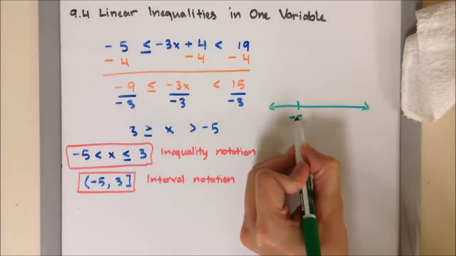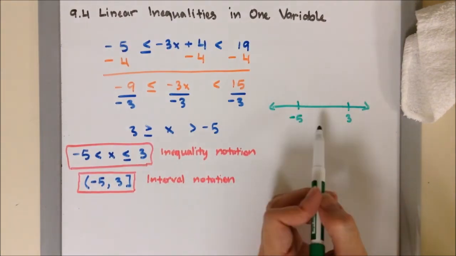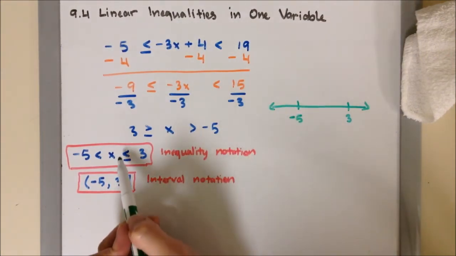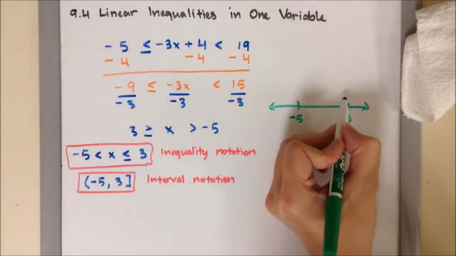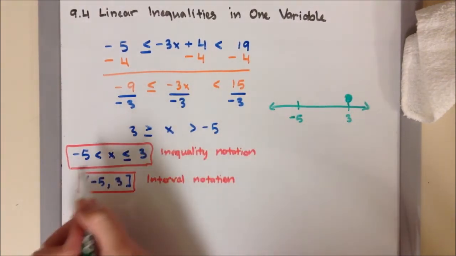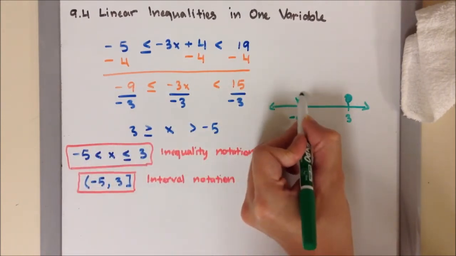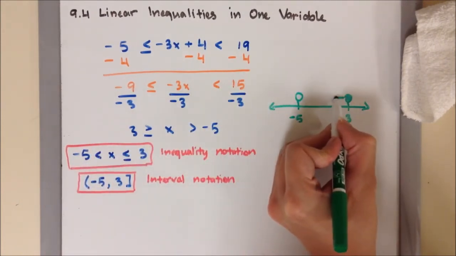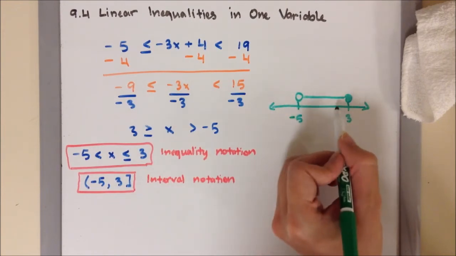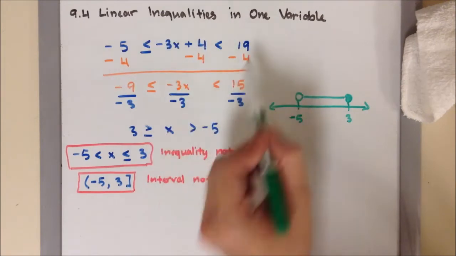So negative 5 on the left and then positive 3 on the right. So the previous way we did it was, since it's less than or equal, that means it's going to be a closed circle on the 3, and less than on the negative 5, so it would be an open circle, and then you would just connect the two circles together, meaning that numbers between 3 and negative 5 is the solution for this problem.